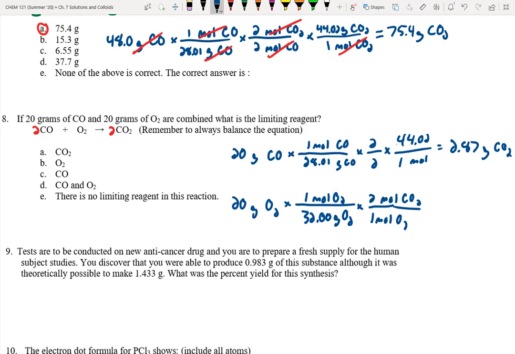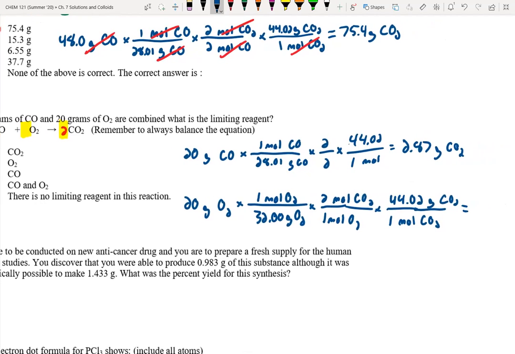So now the bouncing comes into play, right? Because we see that there's 1 mole to 2 moles here. And we know that for every 1 mole of CO2, there's 44.02 grams of CO2. So basically, I'm just trying to figure out which one gives me the most CO2.